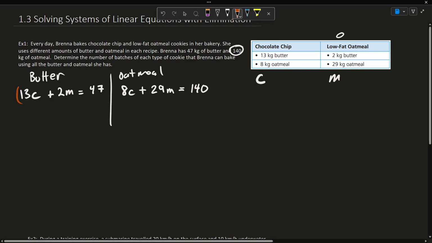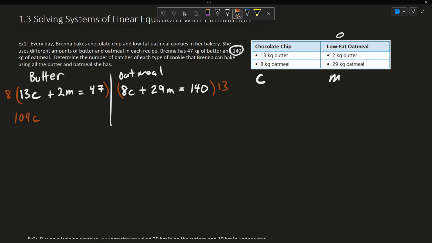So we're going to multiply this whole equation by 8, and then multiply this whole equation by 13. Well, 8 times 13 over here is 104C, and 8 times 2 is 16M, and 8 times 47 happens to be 376.